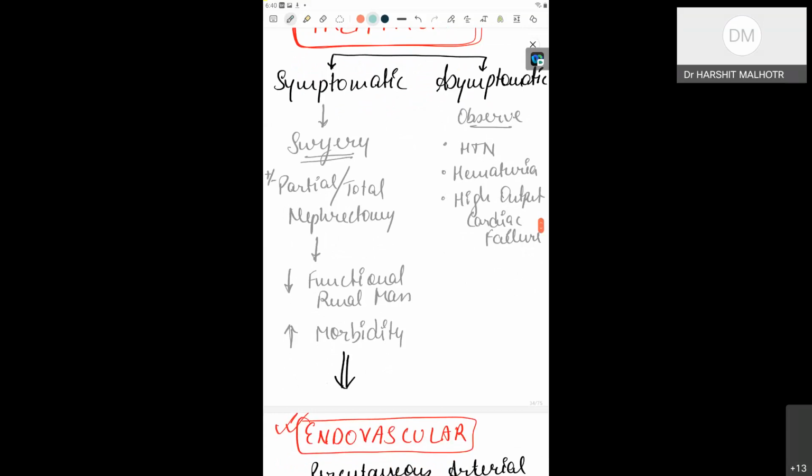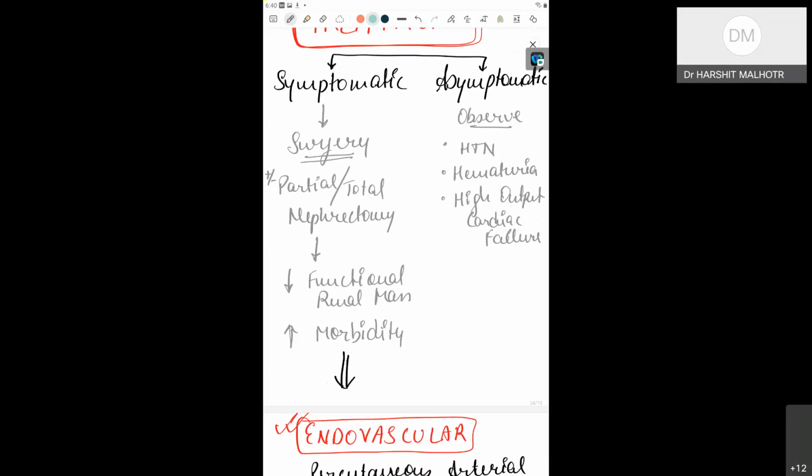When they are symptomatic, surgery is required, and because they involve the distal arteries, they usually end up in partial or total nephrectomies if we go for open surgery. Because of this, there is permanent loss of functional renal mass and more morbidity associated with such open surgical procedures.